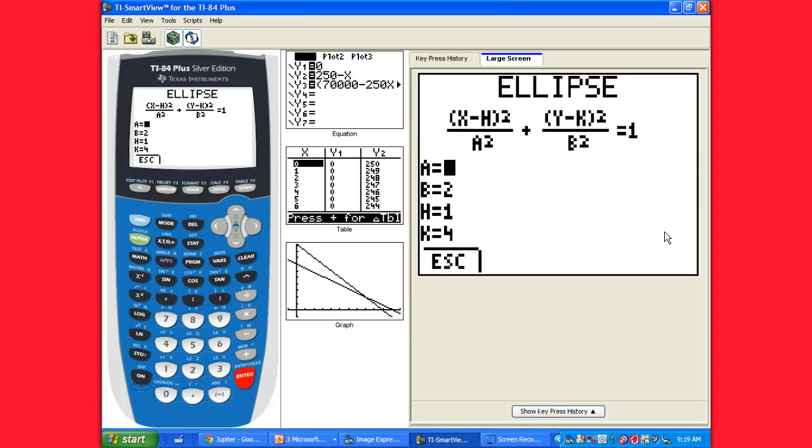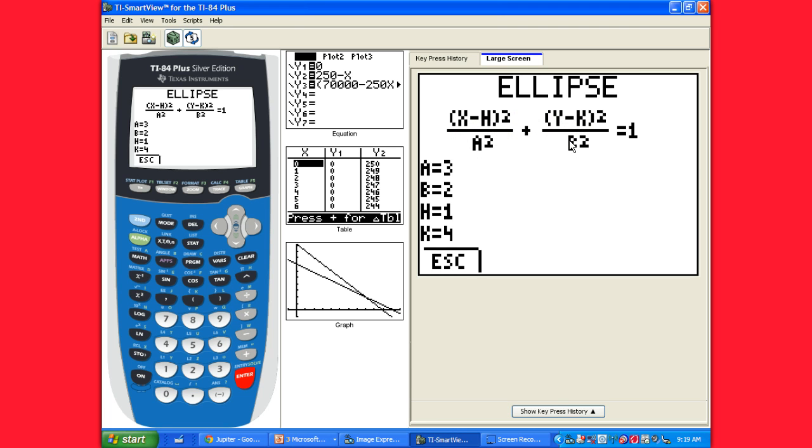And then it lets me define what I want each of those pieces to be. All right. So we can go through the equation that we created. h was 2. k was 1. a was 3, and b was the square root of 5. Because notice you're putting in the a and the b values before they got squared.